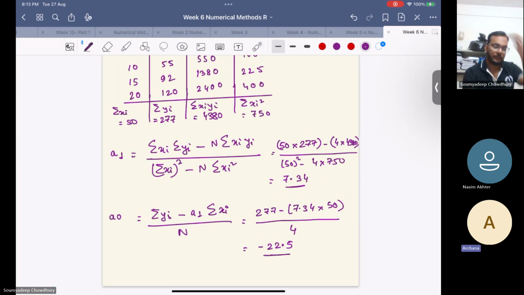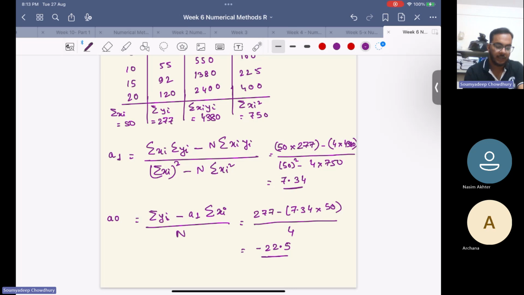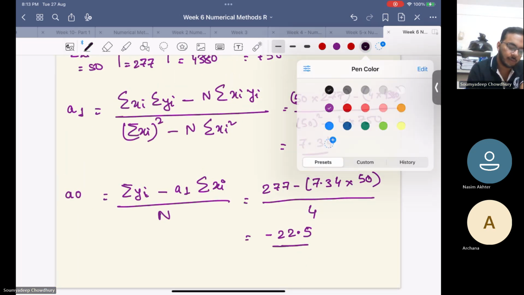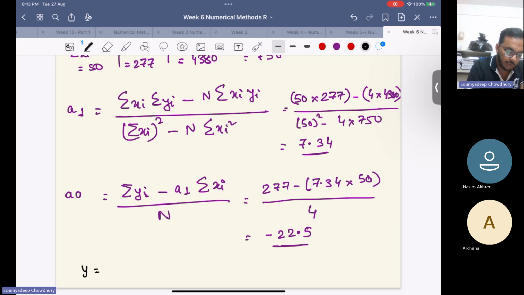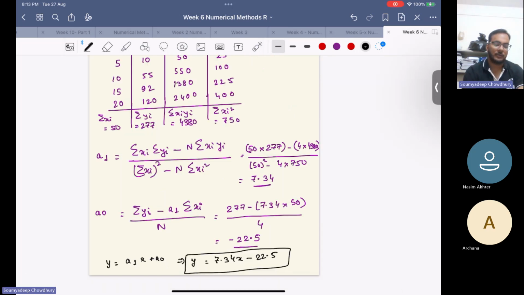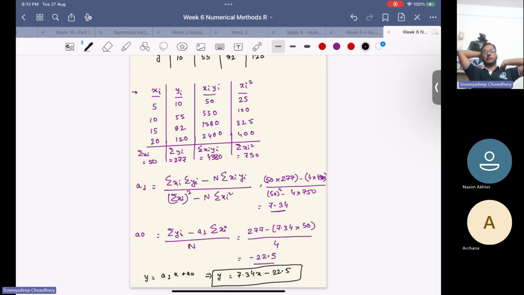So what is the equation now? The equation of the best fit line is basically y equal to a1x plus a naught, right? So y is equal to 7.34x minus 22.5. This is the equation of the best fit line of the data which is given to you.